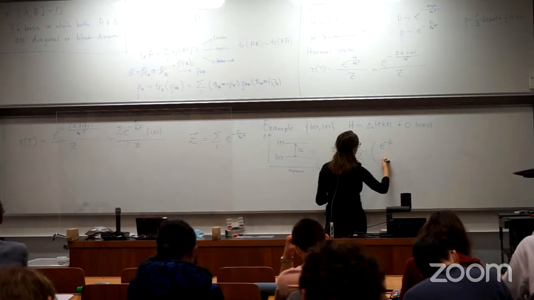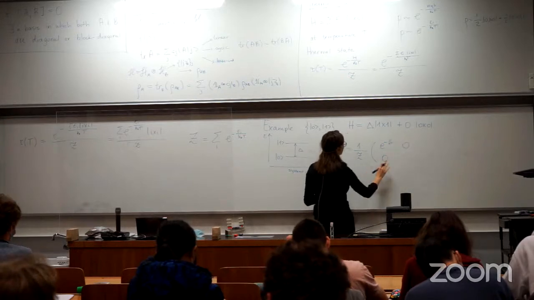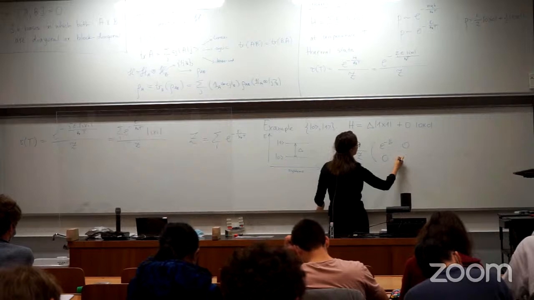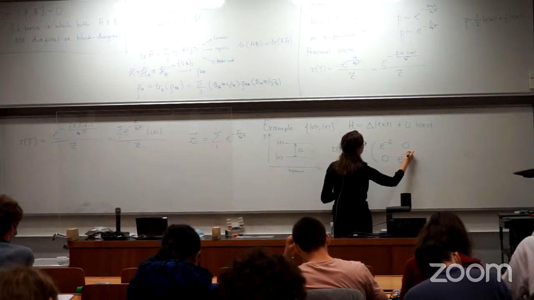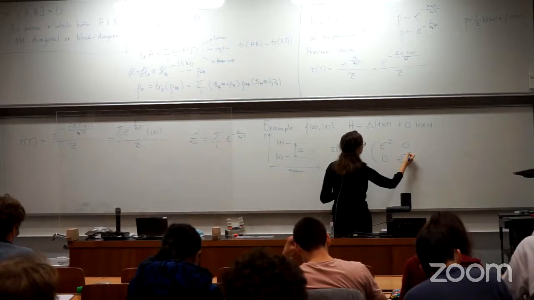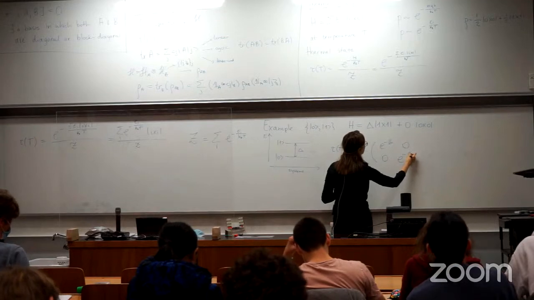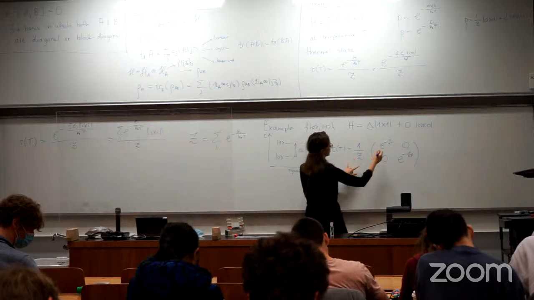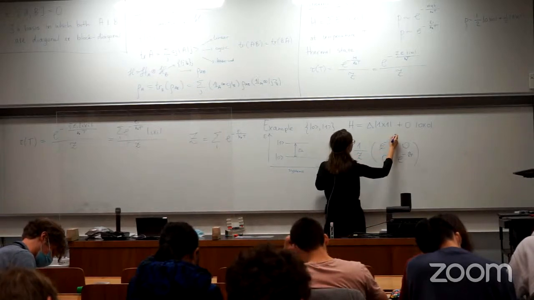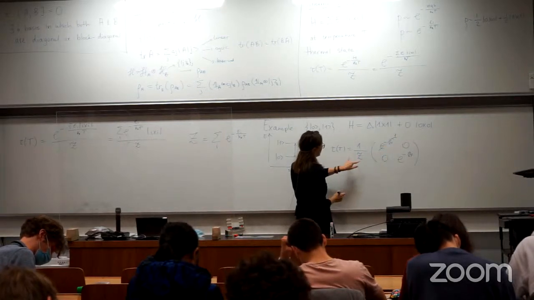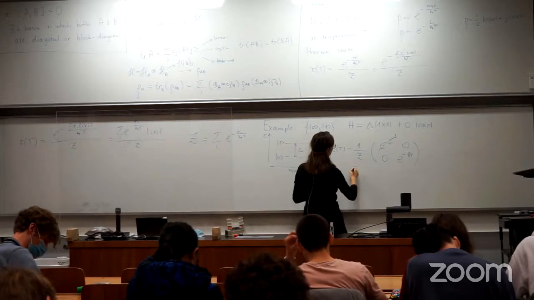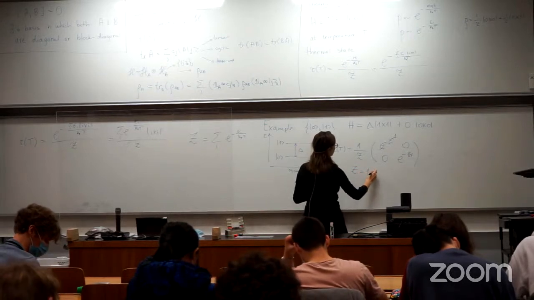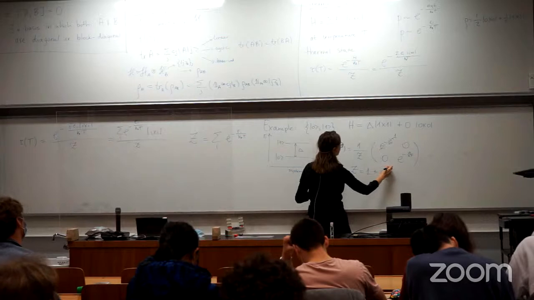Off diagonal elements are 0. And here we would get e to the power minus delta over kT. And this will be, of course, 1. And Z in this case is 1 plus e to the power minus delta over kT.